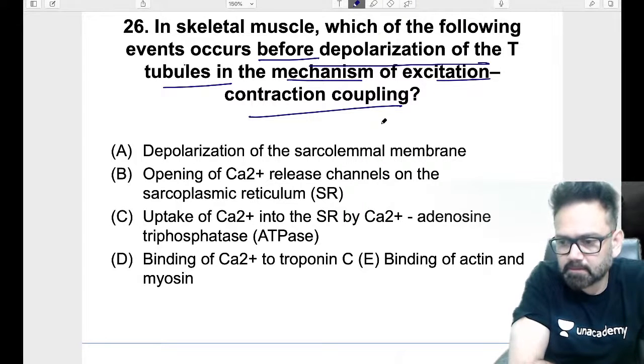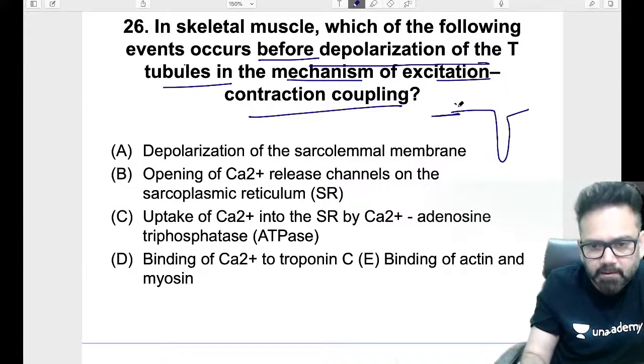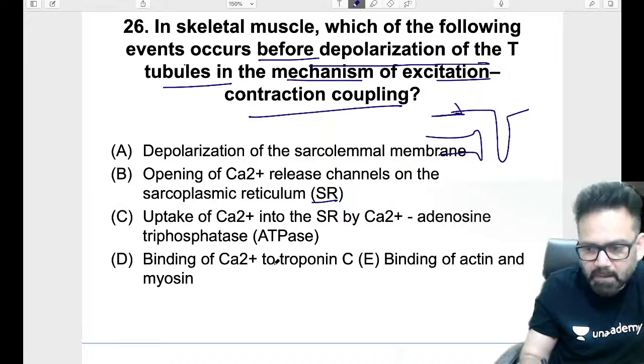Options: depolarization of sarcolemma membrane, opening of calcium release channels, reuptake of calcium, binding of calcium.